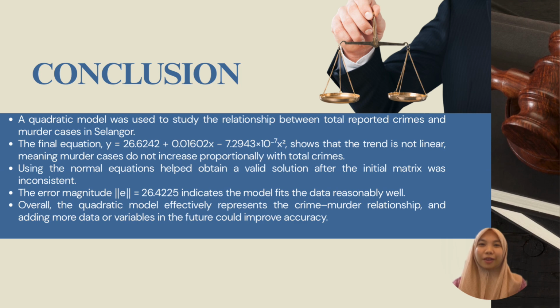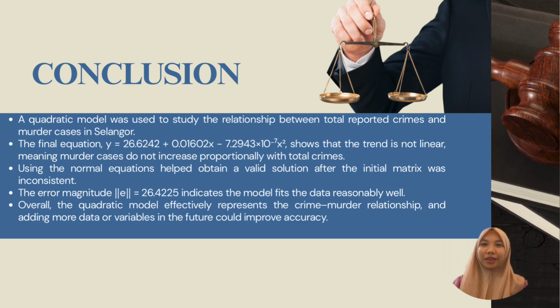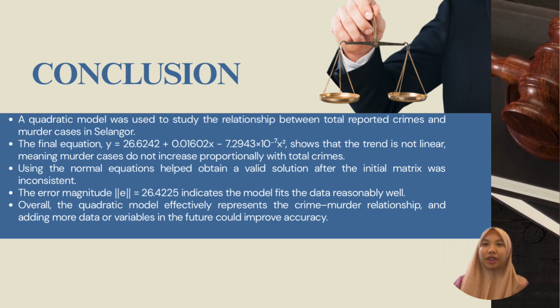So, we can conclude that a quadratic model was used to study the relationship between total reported crimes and murder cases in Selangor. The final equation is y equals 26.6242 plus 0.016202x minus 7.2943 times 10 to the power of negative 7 x squared.